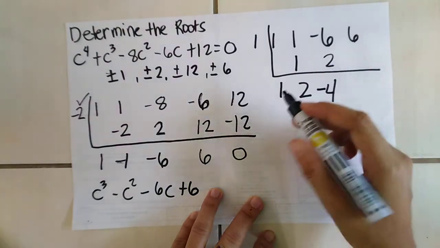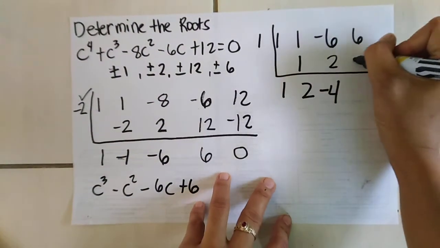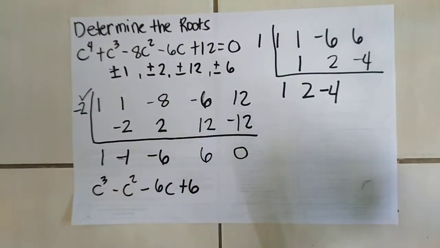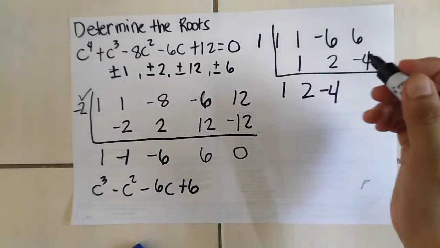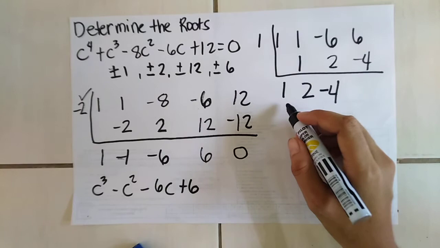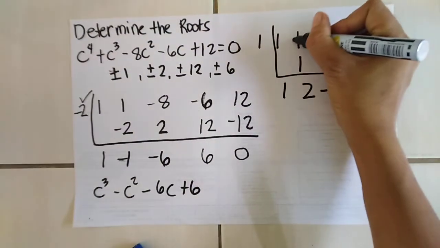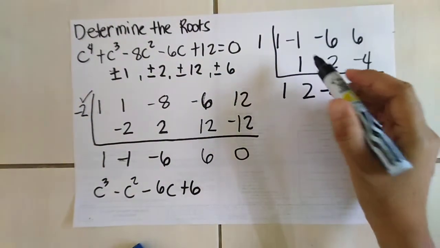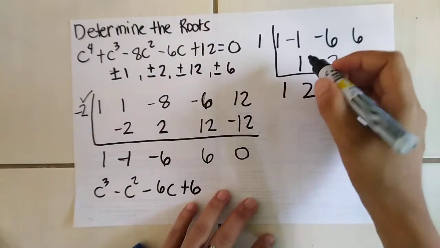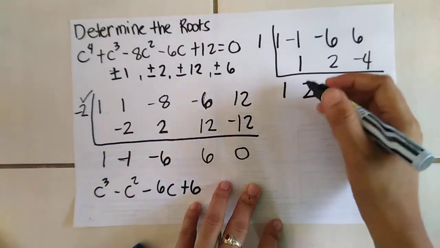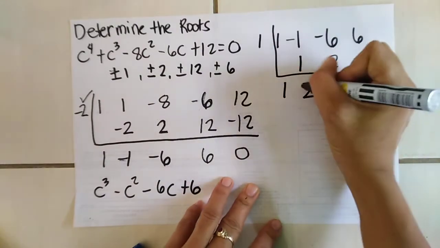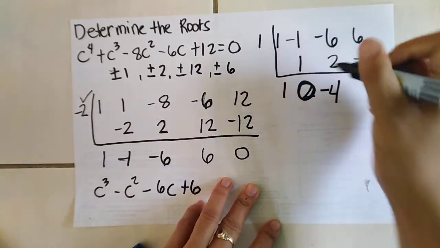Negative 4 times 1 is negative 4. Sorry, I made a mistake.